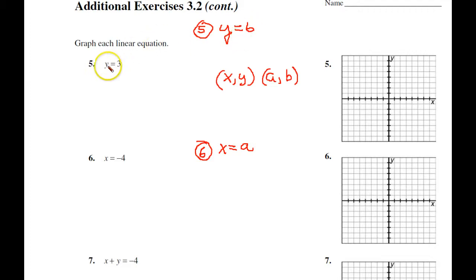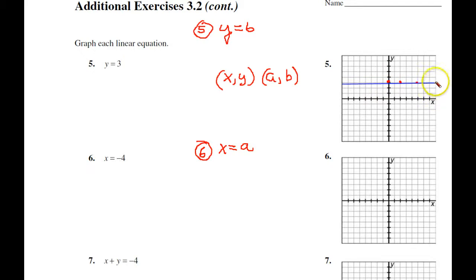So when we say y is 3, we just go to where 3 is and just keep putting 3's. And what do we get then? Well, we get a line that's horizontal that goes through the y-intercept.